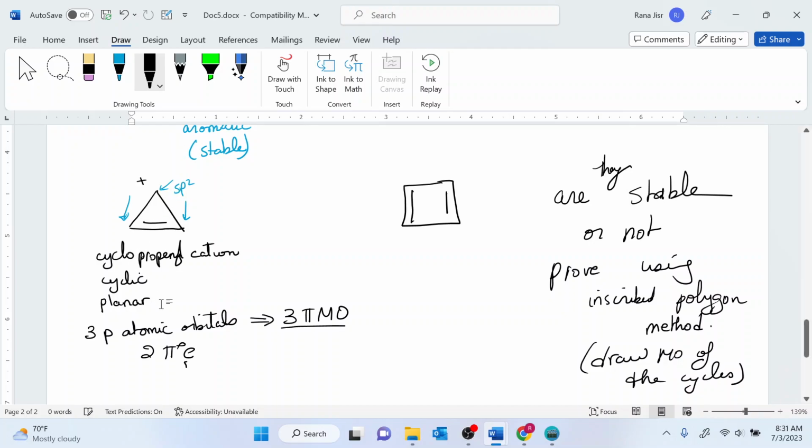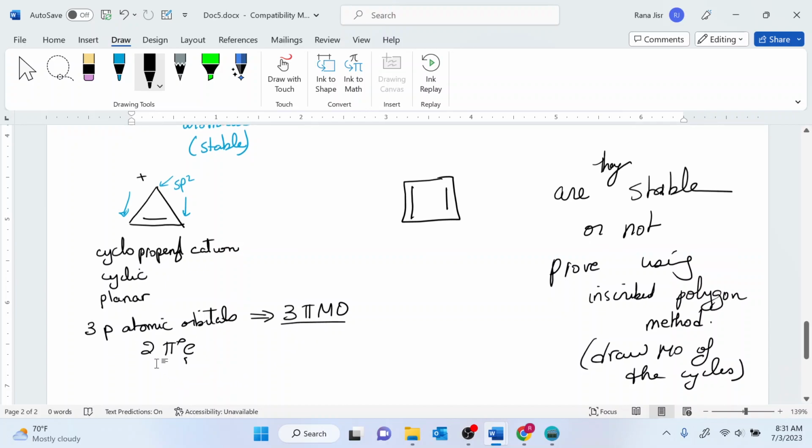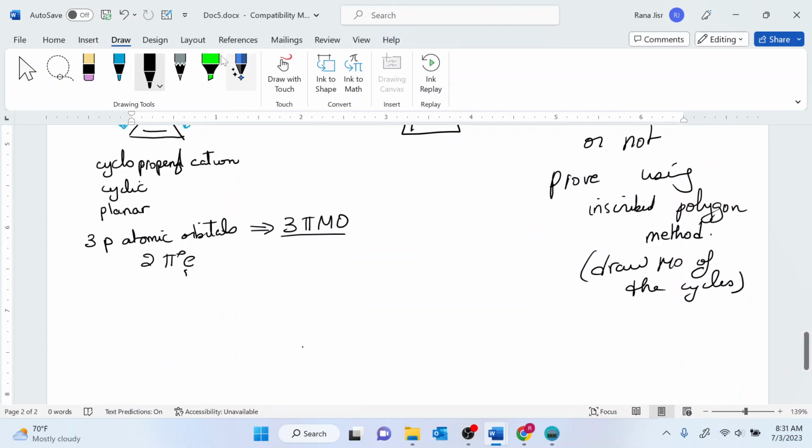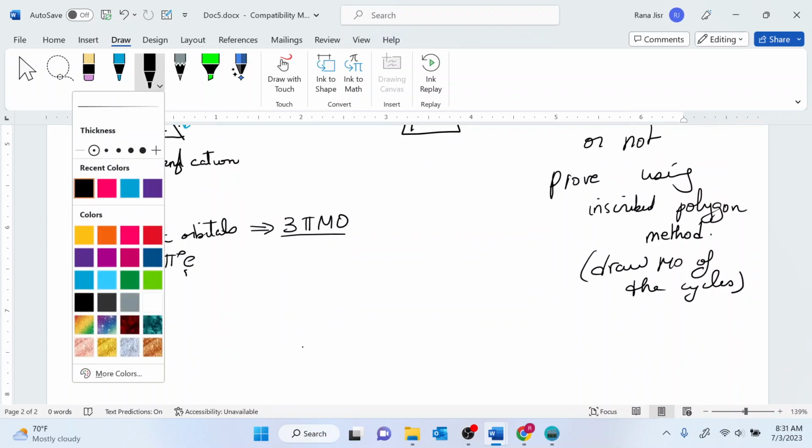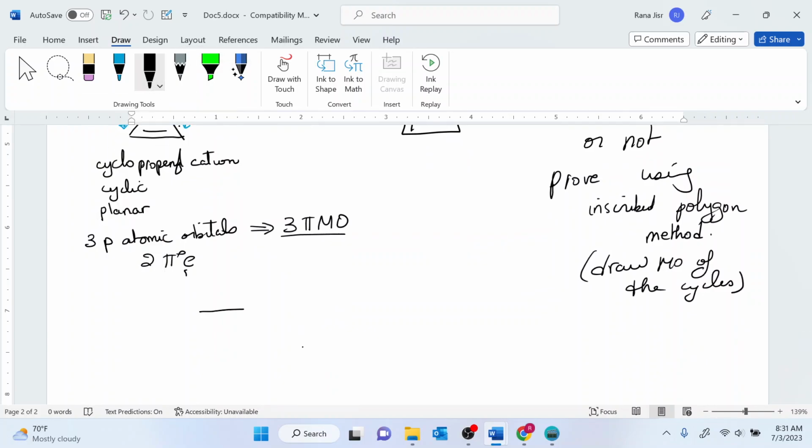After figuring out your p atomic orbitals, your pi molecular orbitals, and the number of electrons, we're going to draw the molecular orbitals of the structure. To do this, make sure that one of the carbons of the cycle is always pointed down. Then go ahead and draw a line that cuts the cycle in half.